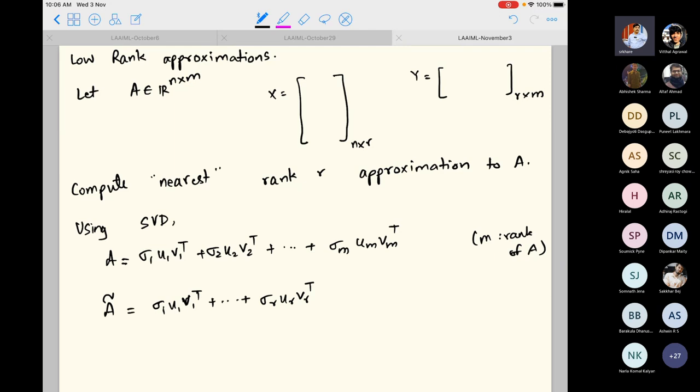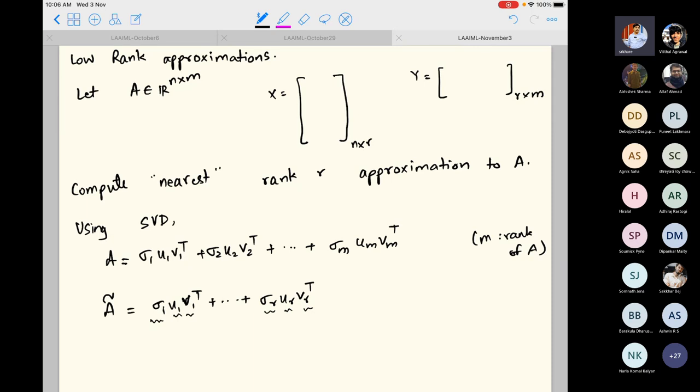You forget the remaining singular values, but in order to do this you should be able to compute the singular values sigma 1 up to sigma r and the left and right singular vectors, and computationally it may not be an easy task to do.